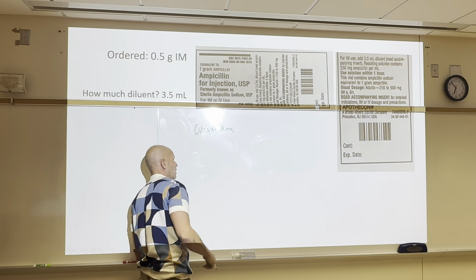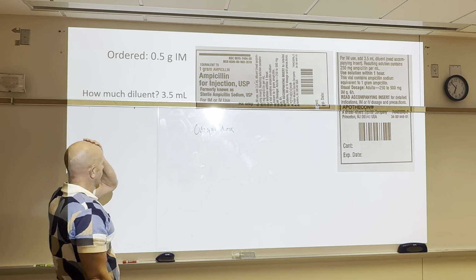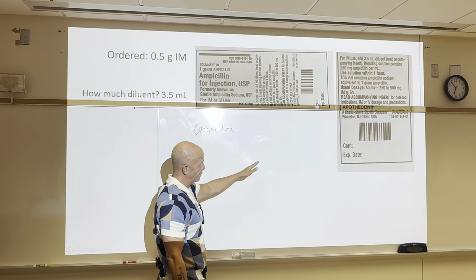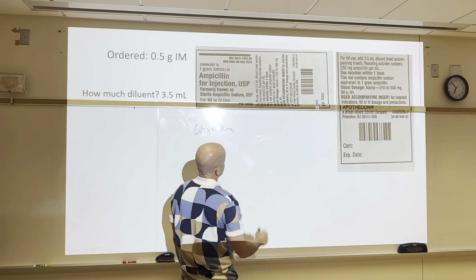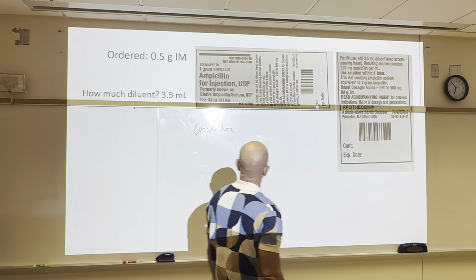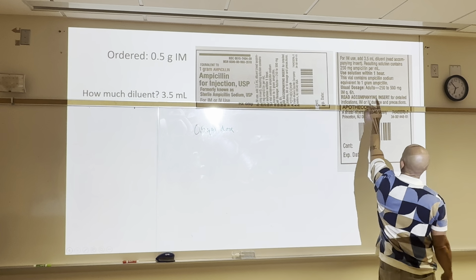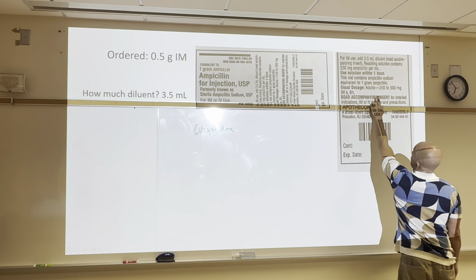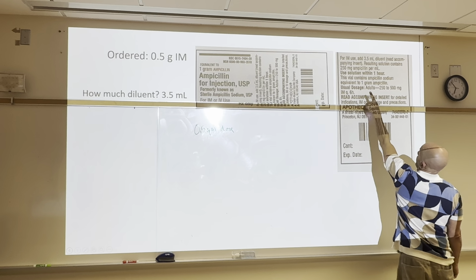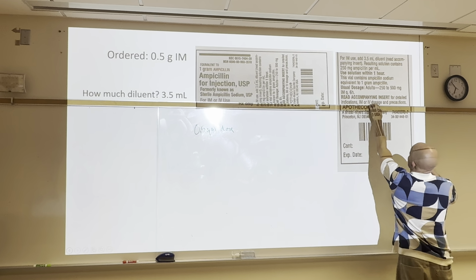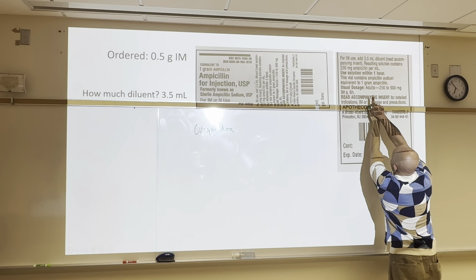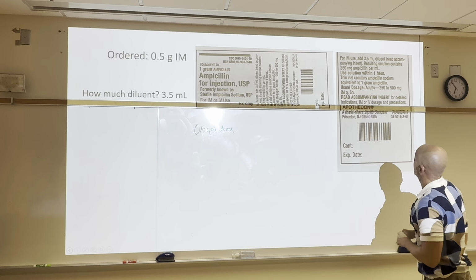Now, if you want to convert this before you do your equation, you do it during your equation. So let's look over here. Right here, it says for IM use at 3.5 mL, that's how much you dilute it with. It gives you 250 milligrams of ampicillin per mL, okay?